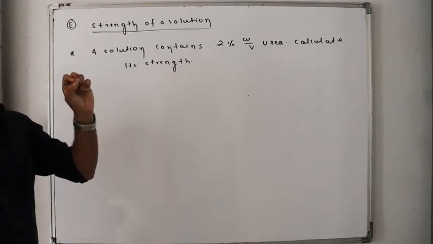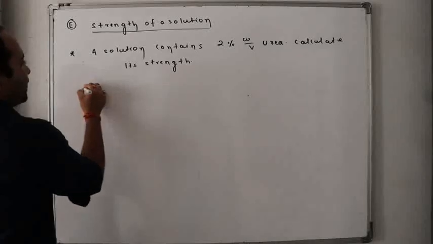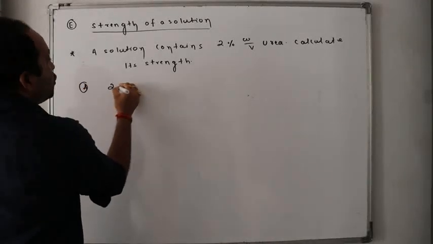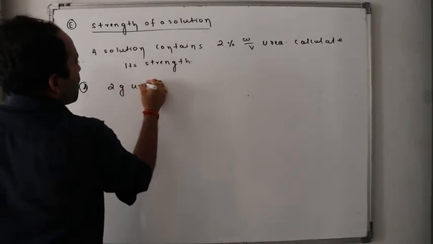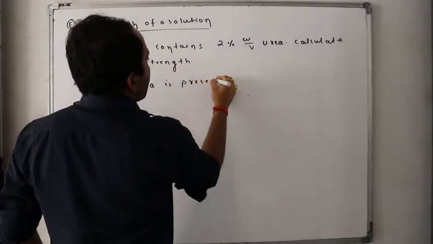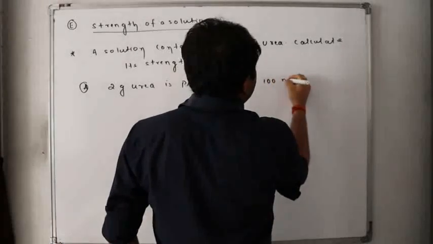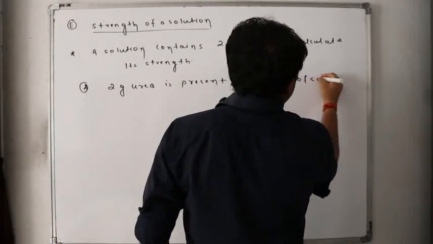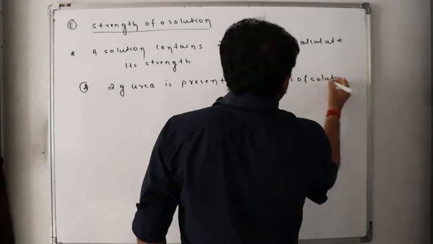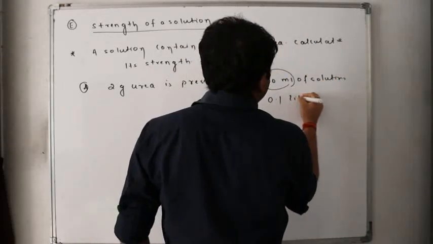Now very simple thing. 2% means 2 gram urea is present per 100 ml of solution. But 100 ml means, is it 0.1 liter?